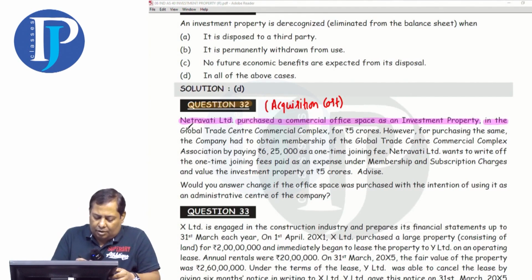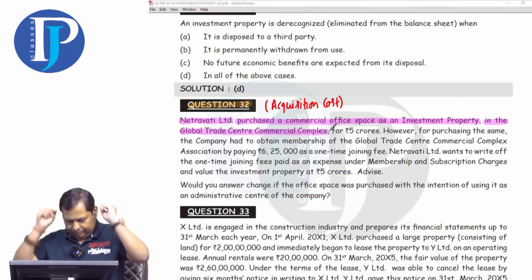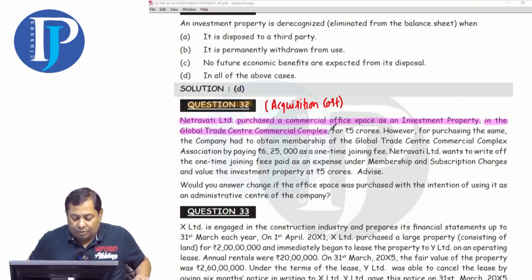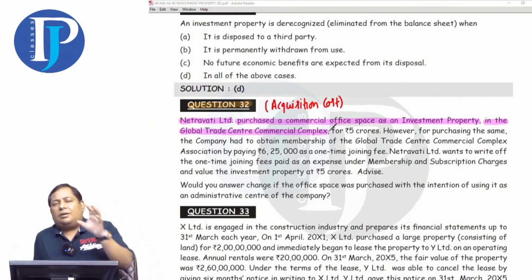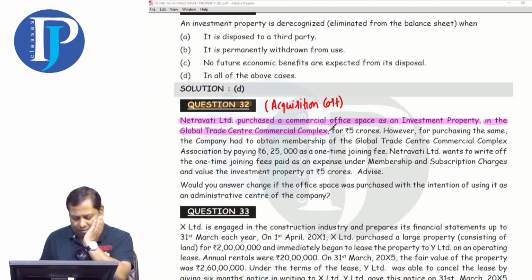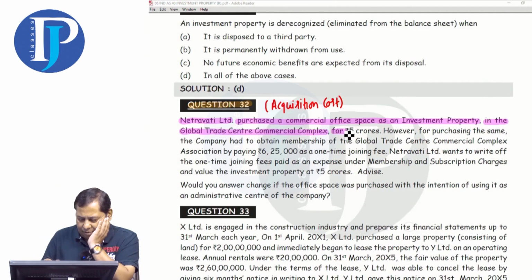In the Global Trade Center Commercial Complex, they bought some space inside a commercial complex. They won't use it, but will keep it let out. How much did you buy it for? For 5 crores. The cost is also given.